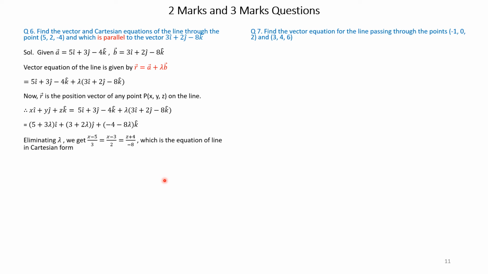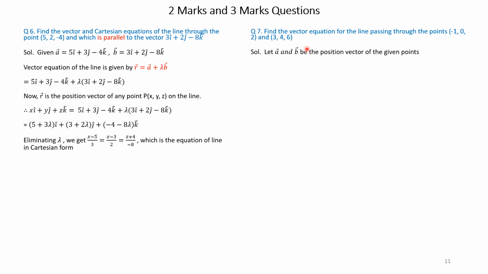Next, question number 7. Find the vector equation of the line passing through the points (minus 1, 0, 2) and (3, 4, 6). Here, two points are given on the same line. That is, point A is (minus 1, 0, 2) and point B is (3, 4, 6). Hence, we have to find the equation.